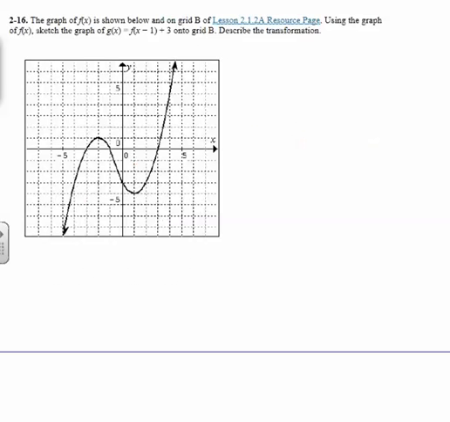Be sure to remember that you're taking notes on each of these in your math sketchbook. Okay, the graph of f of x is shown below. Now let's sketch a new one, g of x, onto this grid and describe the transformations. So it looks to me like what I see is a shift 1 unit, where? 1 unit to the right or to the left?